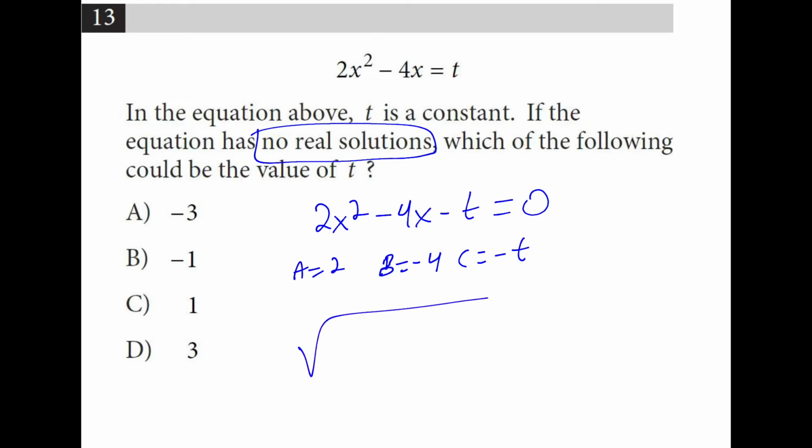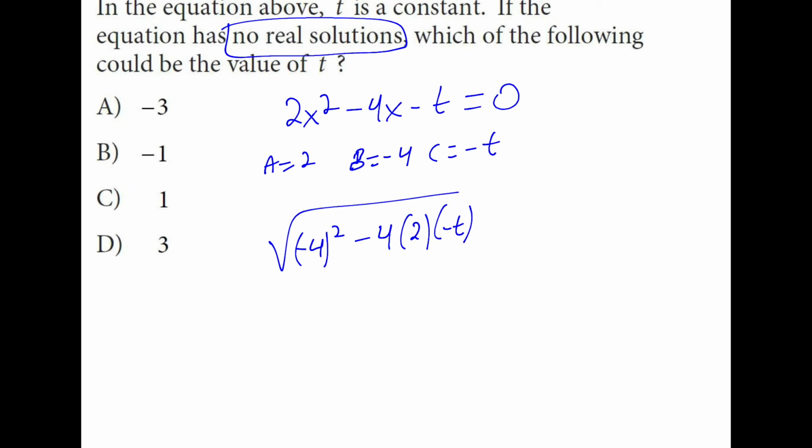That's the square root of negative 4 squared minus 4 times 2 times negative t. And for what value of t will this be negative? So if it simplifies like this, t is going to have to be less than negative 2, which the only answer that fits is negative 3. You can't take the square root of a negative number, so there's no real solution.